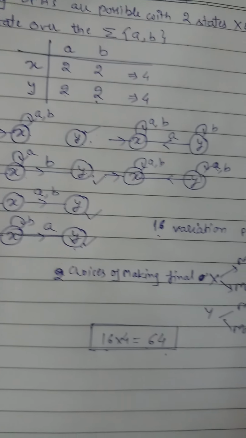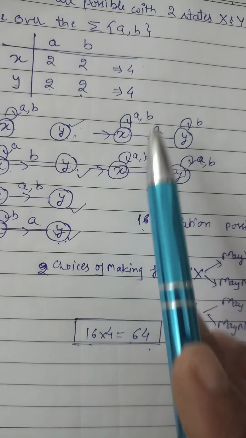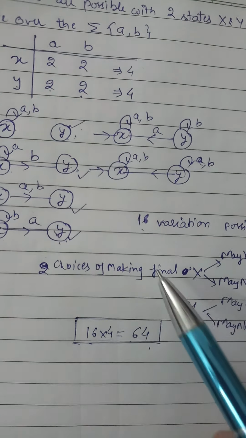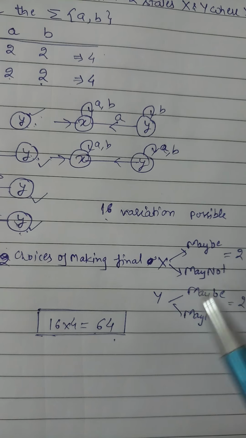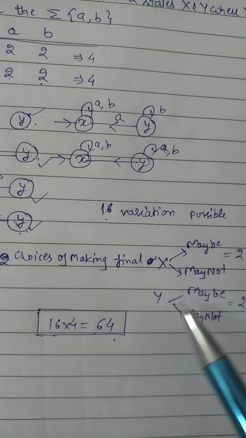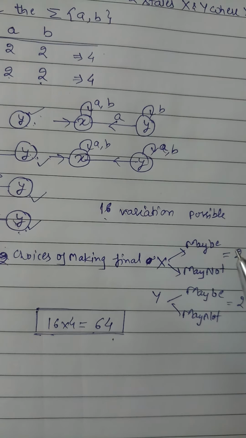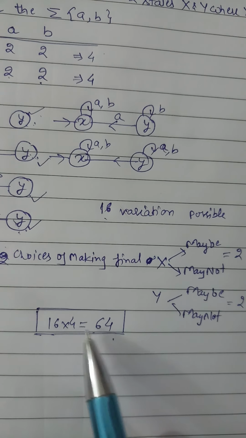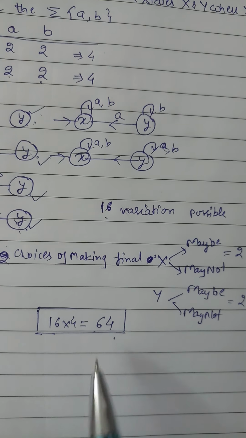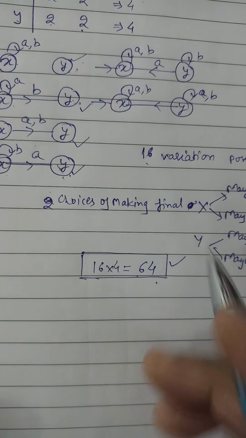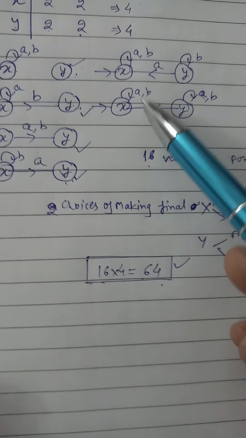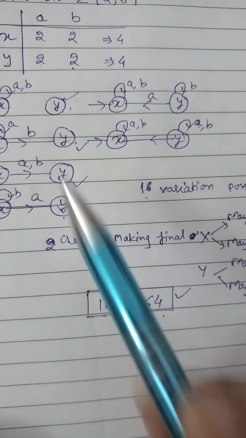But the initial state is given as x, but the final state is not given. So two choices can be possible for x: x may be or may not be. In a similar way, y can be a final state or y cannot be a final state. So two choices are possible. So total 4. So 16 into 4 is equal to 64. So a total of 64 DFAs are possible where we have two states x and y with alphabet A and B.